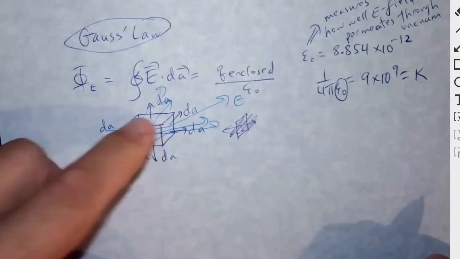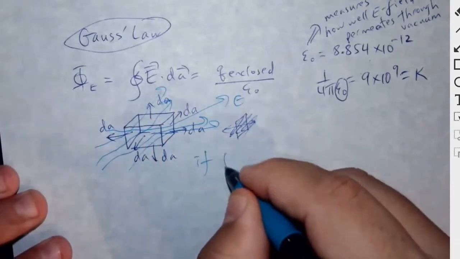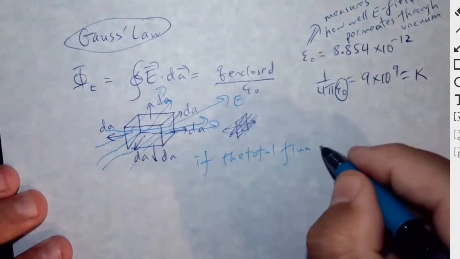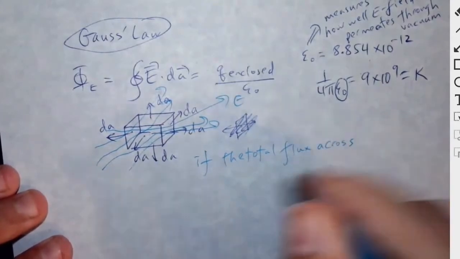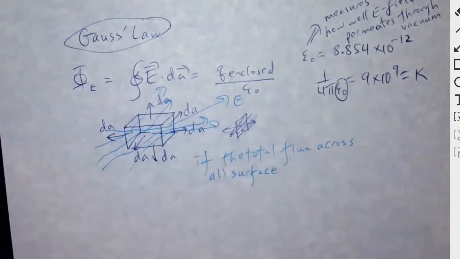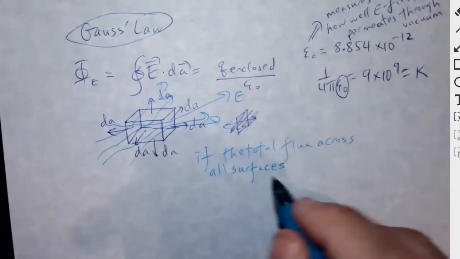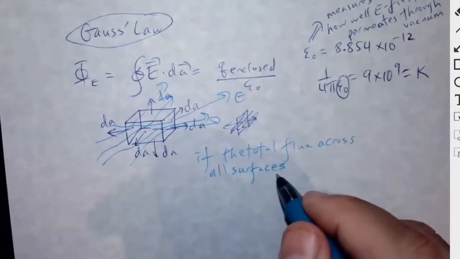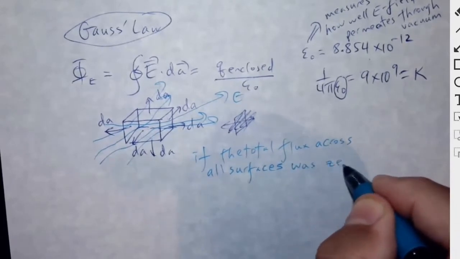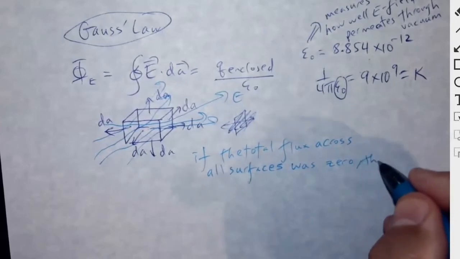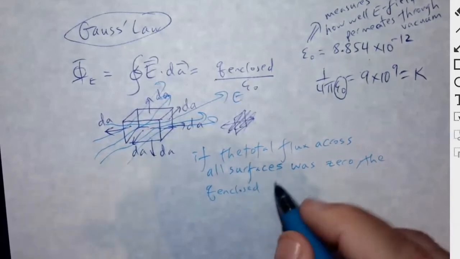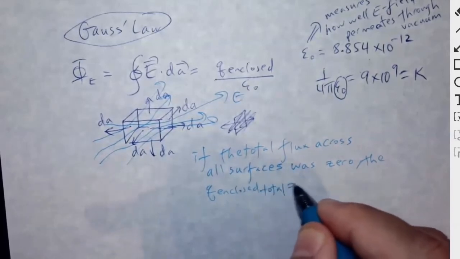You see? So if the total flux across all surfaces was zero, then Q enclosed, the total, is zero.